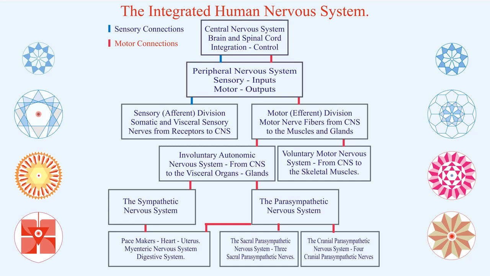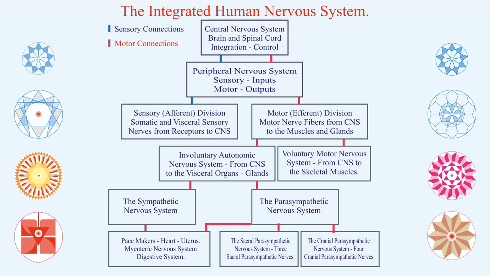The motor nervous system has two parts: voluntary, which takes care of movements, particularly skeletal muscle exercise, and involuntary autonomic nervous system, which takes care of all smooth muscles, cardiac muscles, visceral organs, and endocrine glands. Involuntary is further divided into sympathetic and parasympathetic.